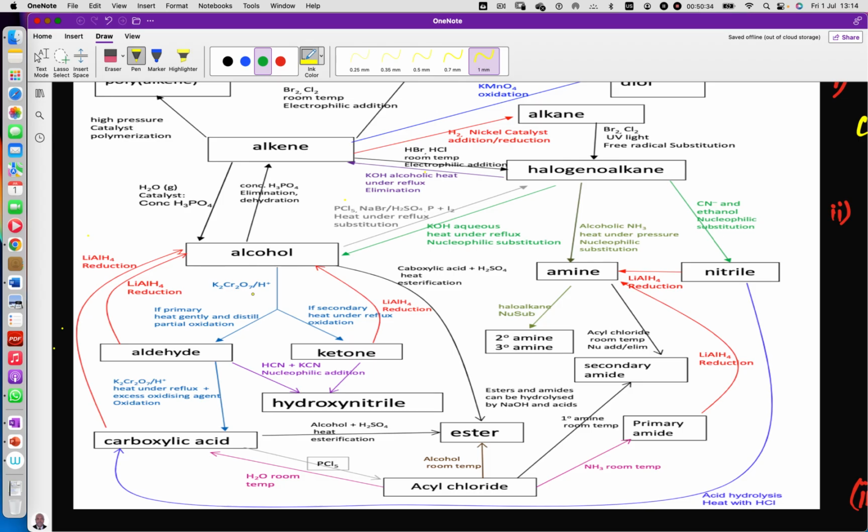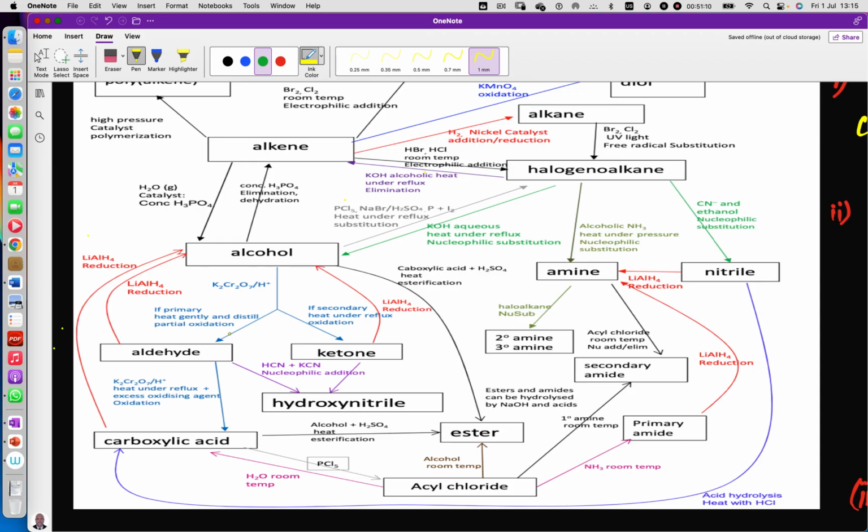Generally, alcohols are oxidized using acidified potassium dichromate 6. This is acidified potassium dichromate 6. This is an oxidizing agent, and alcohol can be oxidized.